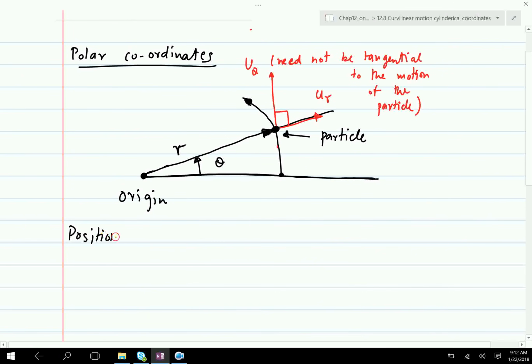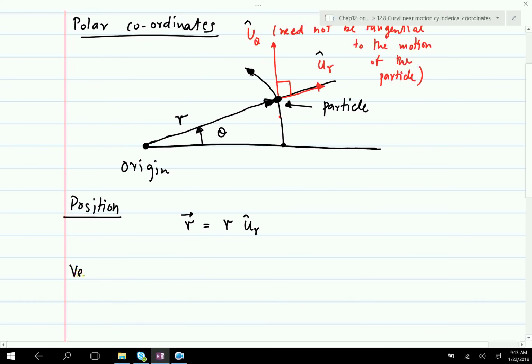The position of the particle, I'll denote that by r, is simply the scalar r times ur. The velocity, let's call it v, is simply the rate of change of r with respect to time, and the book gives a derivation of how to derive r dot.